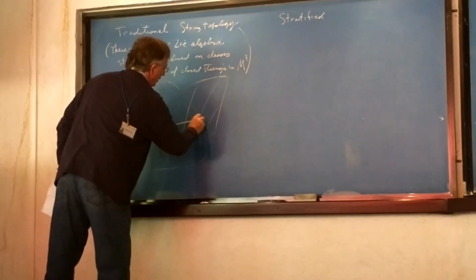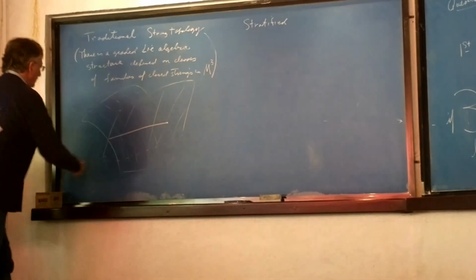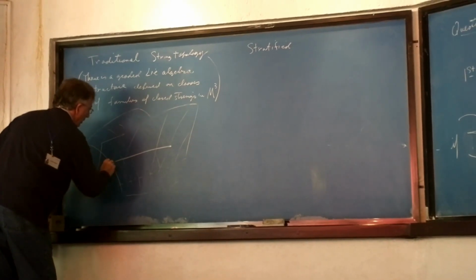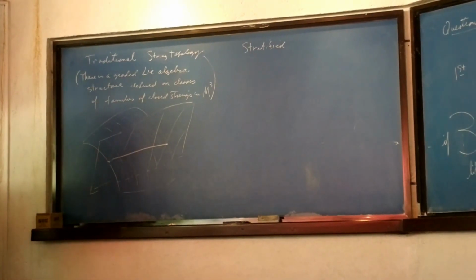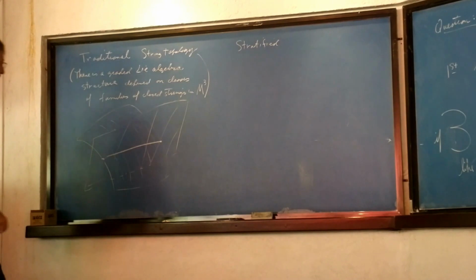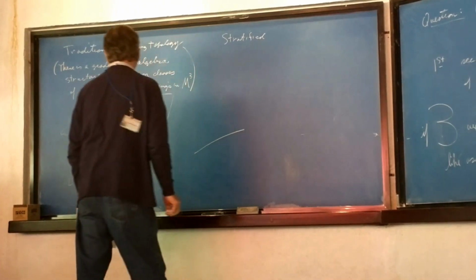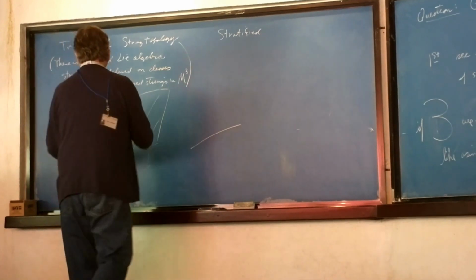And then you look at the intersection of these two surfaces. Well, let me draw it. The intersection of the two is like that. And if you look at this intersection, this is just a piece.